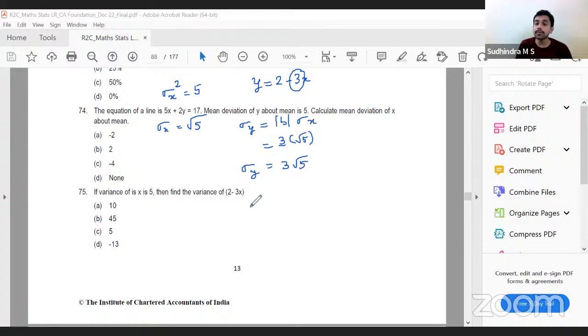But I want variance. Variance of y is the square of 3 into root 5. 3 square is 9, root 5 square is 5. 9 fives are 45. Understood? Done? Completed? That was question number 75.